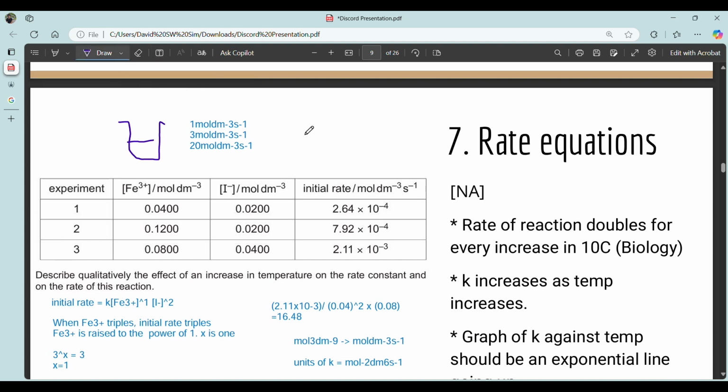So whenever the question asks you something like, what happens to K as temperature increases, then you have to say K increases as temperature increases. If they ask you to draw a graph, you draw an exponential line like this.